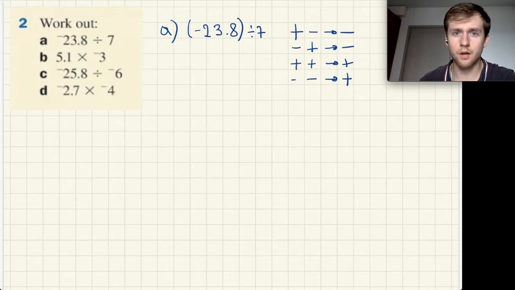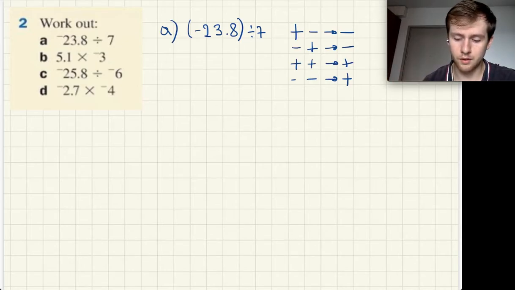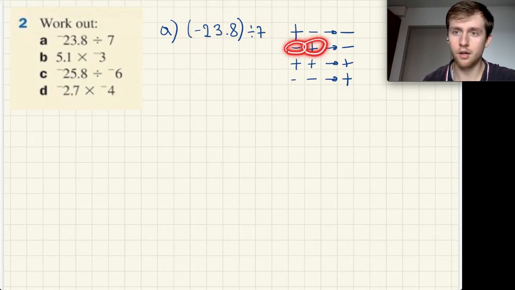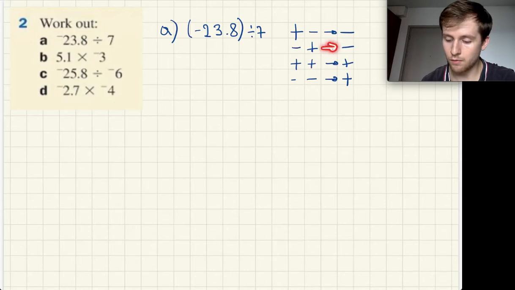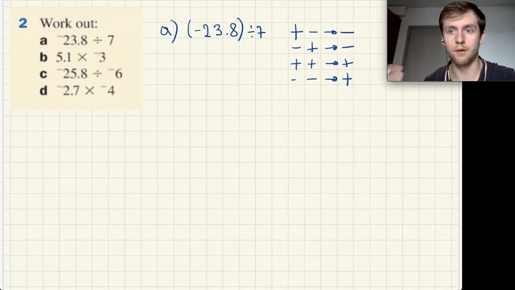Let's figure this out. How can we figure it out? So first of all, we have to see that this is a negative number divided by a positive number. So it's a minus and plus, and those two things give you the minus. So we know that the answer is going to be a negative. The answer of this question is going to have a minus in the front. And the second part is, of course, we have to figure out how to actually do this division.